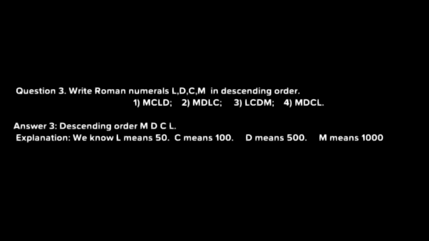Write Roman numerals L, D, C, M in descending order. 1: MCLD, 2: MDLC, 3: LCDM, 4: MDCL. Answer: 4, descending order MDCL. Explanation: We know L means 50, C means 100, D means 500, M means 1000.